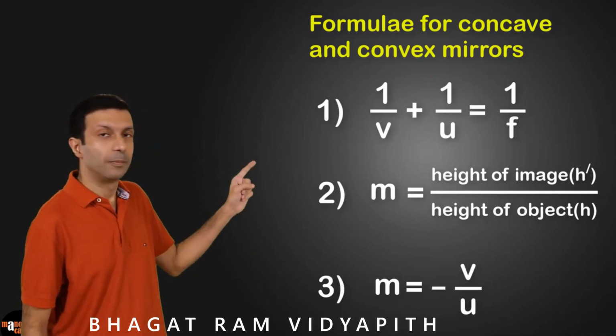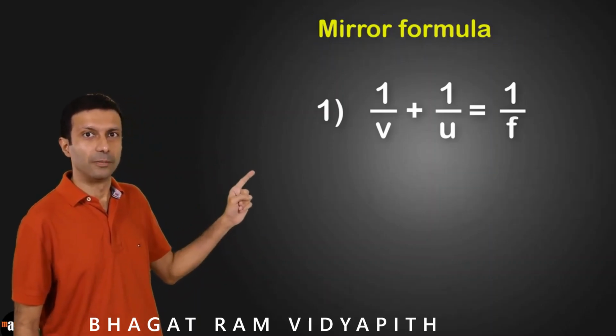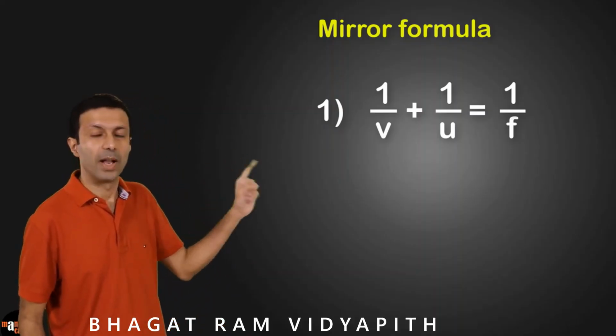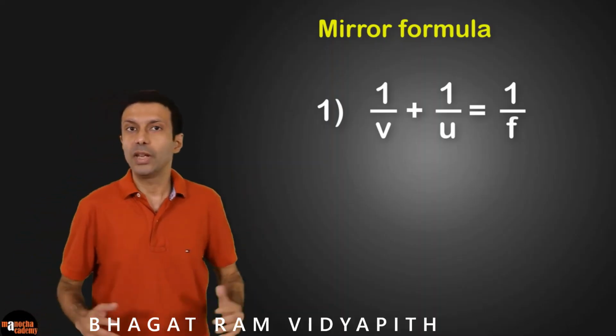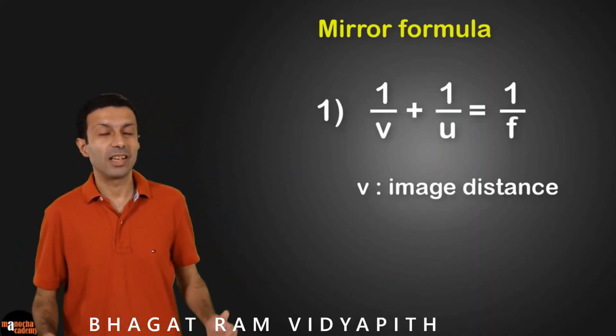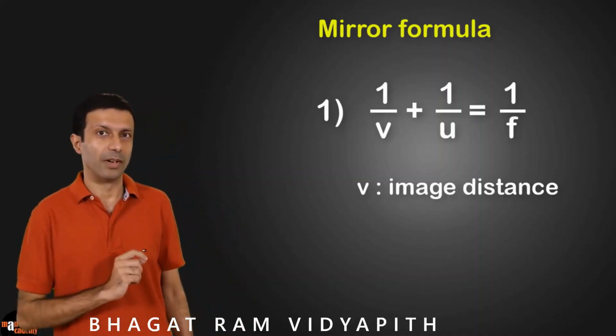The first formula is called the mirror formula. 1 by v plus 1 by u equals 1 by f. Here v is the image distance. Remember, the distances are measured from the pole of the mirror.